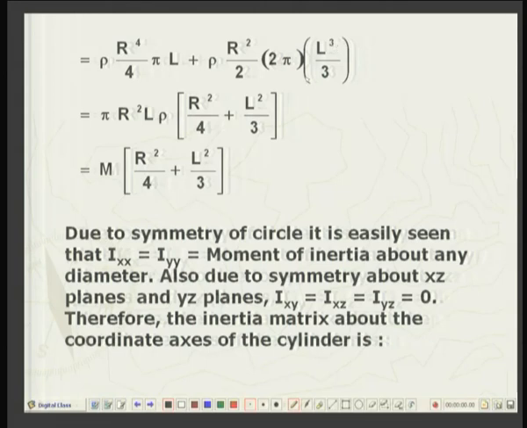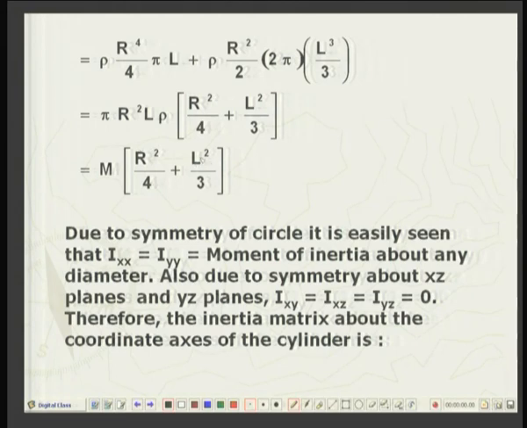That is the z² term integrated. If I collect these terms and take out the common factor πr²Lρ, where πr² is the area of cross section times length, that gives the volume times density. So, it is the total mass times (r²/4 plus L²/3).